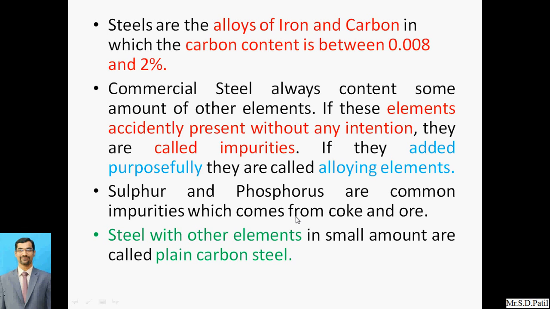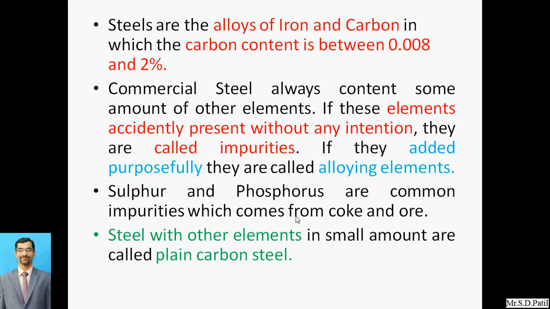Sulfur and phosphorus are common impurities which come from the coke and ore. Basically, sulfur and phosphorus will definitely be present in steel because they are common impurities which come from the coke and ore.